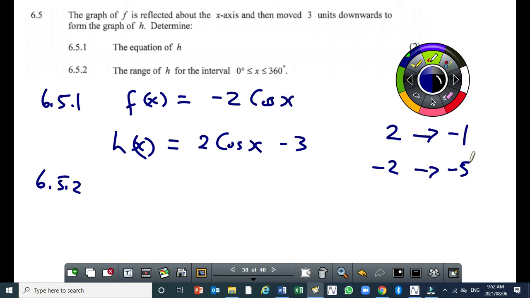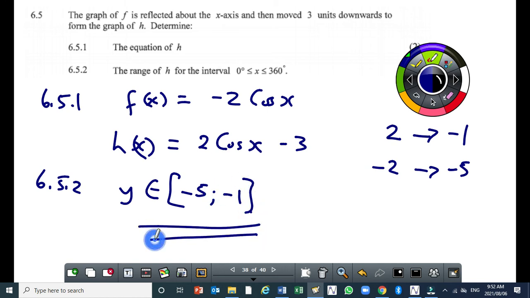The minimum value moves from minus 2 to minus 5. So your range, y is an element of. You have to include both the minimum and the maximum. If you write range, you start with the minimum. Okay, which one is greater, minus 1 or minus 5? Minus 1, so you start with minus 5, then minus 1. Okay, then you are done.